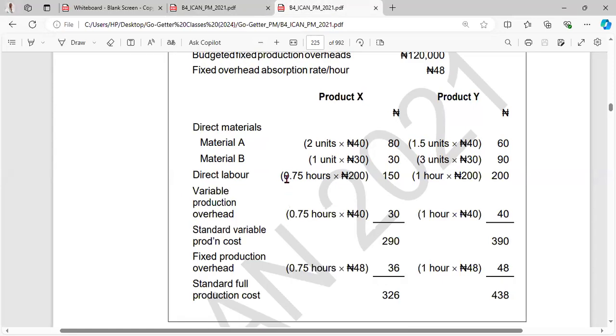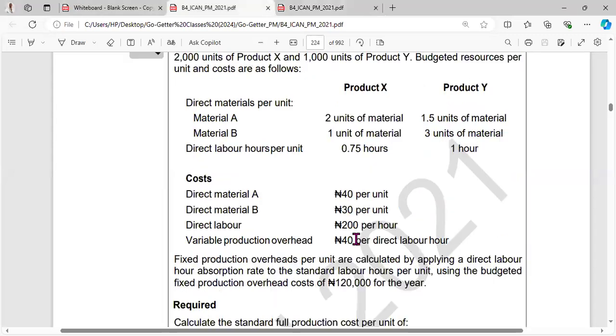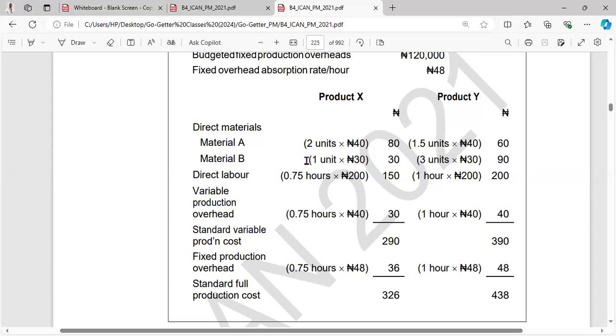So 0.75 times 200, 1 hour times 200, so this is 150, this is 200. Variable overhead, we have 40 naira per direct labor hour. So you still do the same thing because this is the direct labor hours here. 0.75 times 40, that gives me 30. 1 hour times 40, that gives me 40.